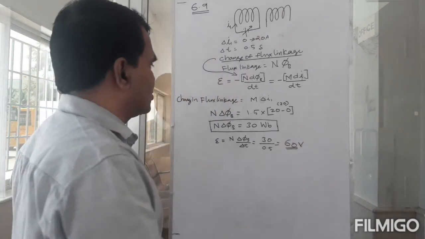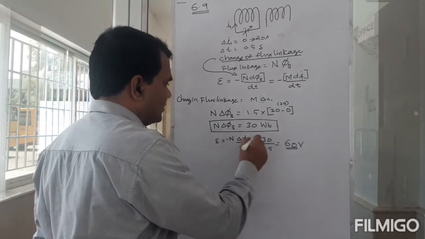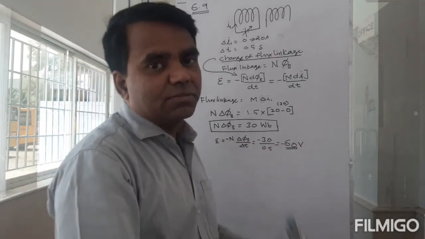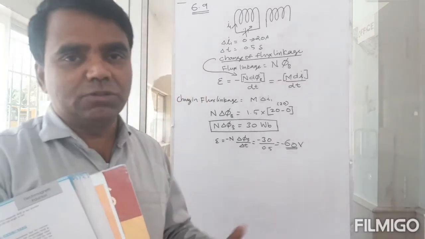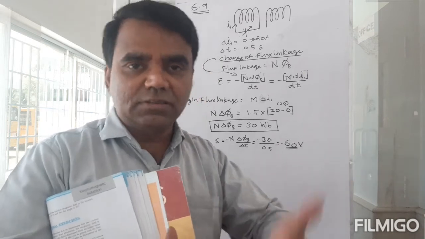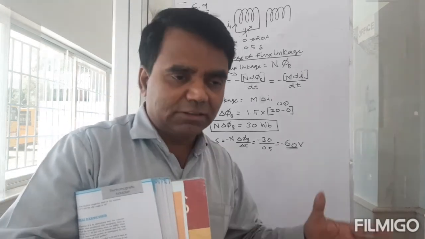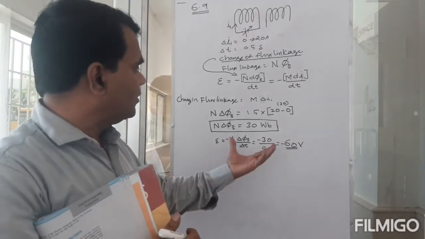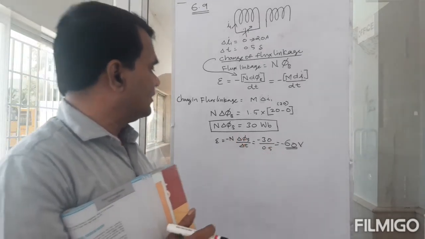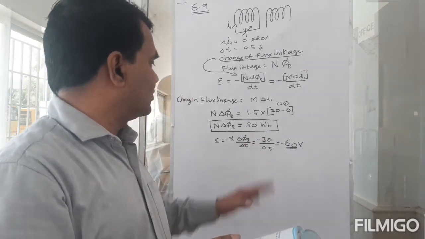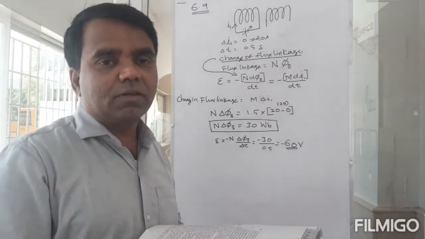So the EMF induced would be minus 60 volts. The magnitude would be 60 volts. Minus just tells you which terminal is positive and which is negative. But otherwise, the potential difference is going to be 60 volts between them. So you can find the EMF induced also, but that is not asked in the problem. This is how you do this.